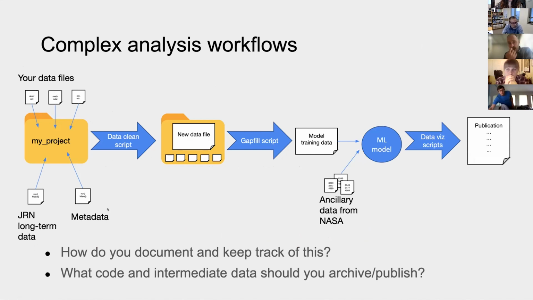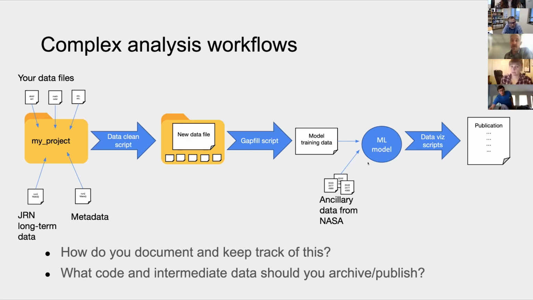And then you've got a data cleaning script, and you create sort of a derived data file. You might have a gap filling script because you need to have gap filled data for a model that you need to run. And then you have a model, say it's a machine learning model, and it's probably got a bunch of specifications that you need to keep track of.